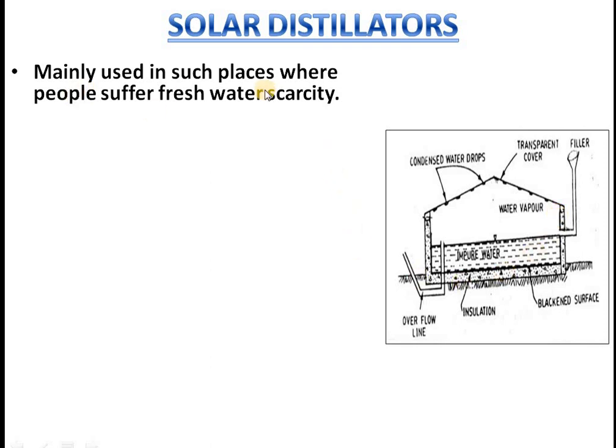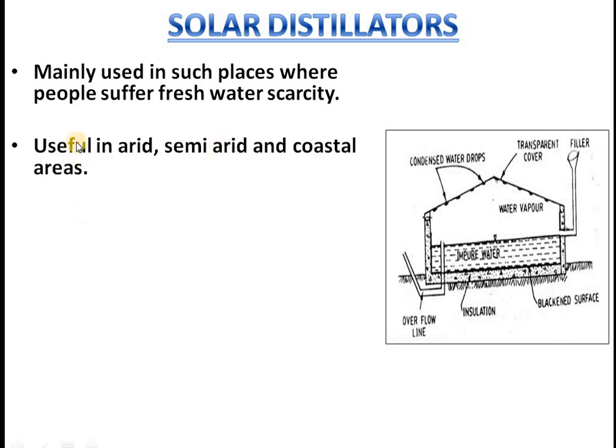It is mainly used in such places where people suffer from fresh water scarcity, especially in desert regions or remote areas, where this procedure is very good. In certain coastal belts also, where potable water is not available, one can use this method to separate good fresh water from saline water or marine water.